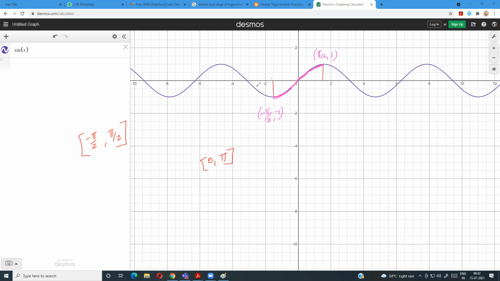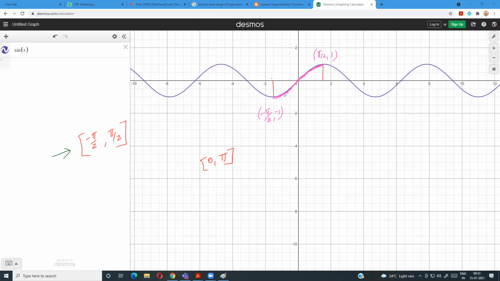If we consider only this portion, minus pi by 2 to pi by 2, of the trigonometric function, then we can define the inverse of sin x at that particular portion. Is there any other portion like this?